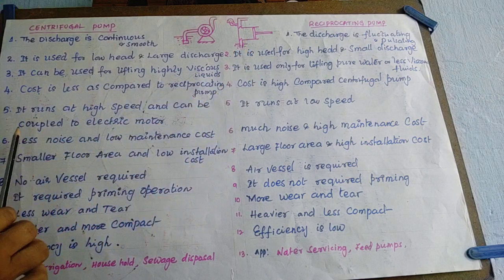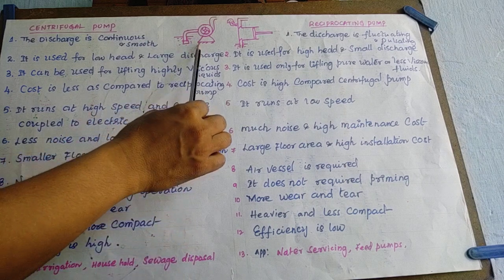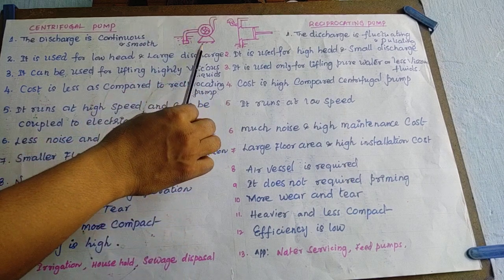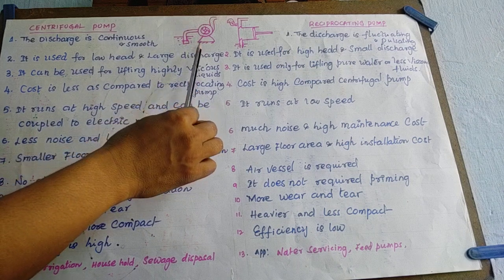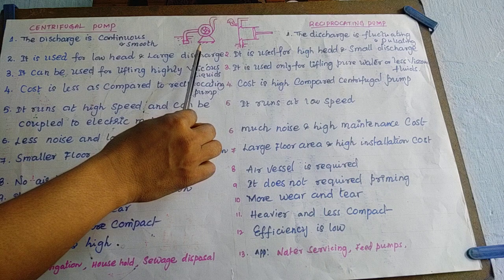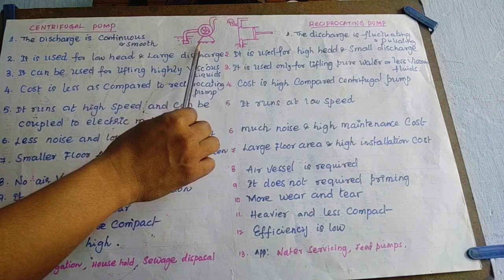And the next point is less noise and low maintenance cost for the centrifugal pump. While it is running, it makes less noise only, so it will run smoothly, as well as the maintenance cost for this centrifugal pump is very low.